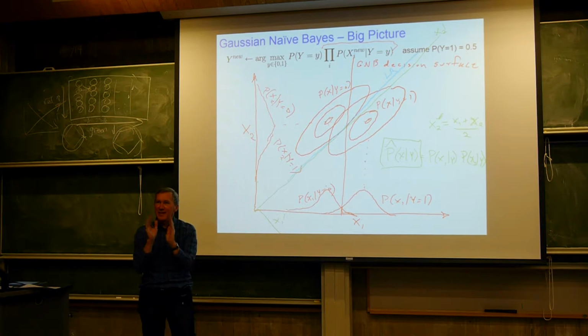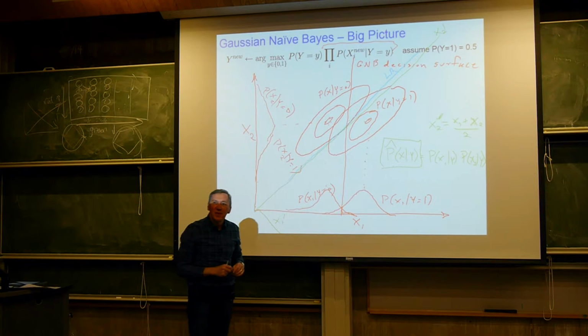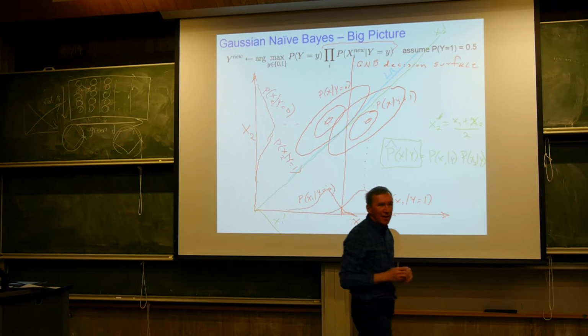Meaning the major axis of the ellipse will be axis aligned, and the minor axis.